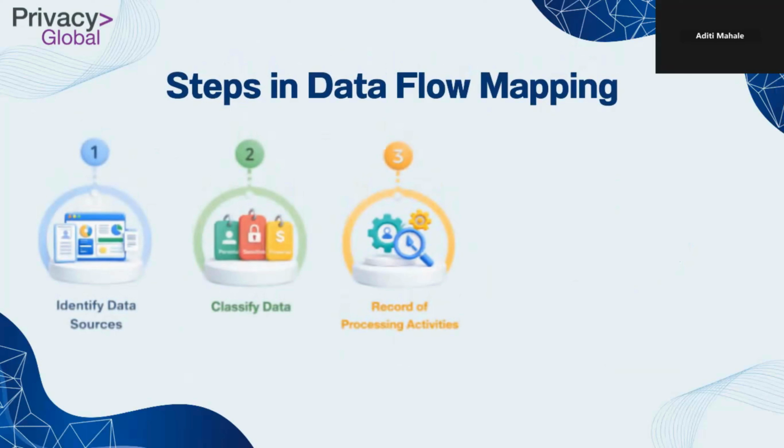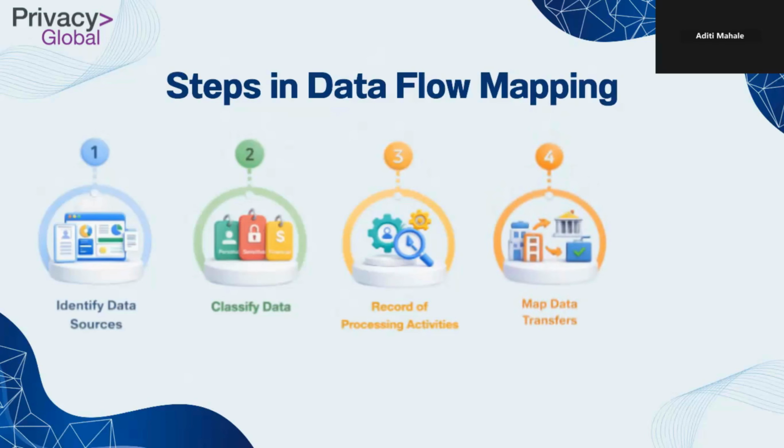This involves finding who uses the data, why it is used, and which teams have access to the data. After that, we need to map the data transfers. Does the data move internally between departments, or is it shared with vendors, banks, or government portals? And finally, we need to update the mapping regularly. Our systems change, vendors change, and business processes evolve. So, your data map must also keep up.